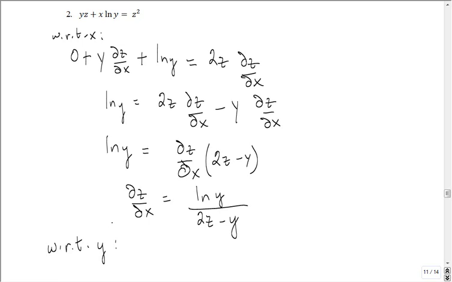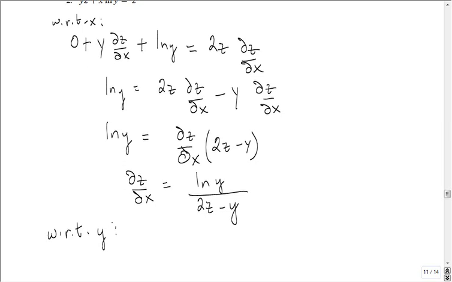So, partially differentiate y first. We get a 1 times z, that's a product, plus hold the y and partially differentiate z with respect to y, you get partial z partial y.